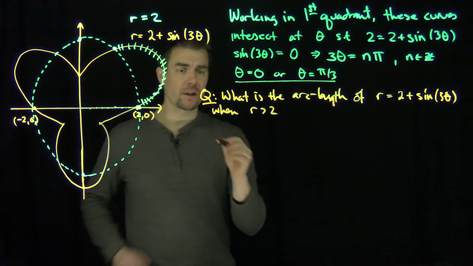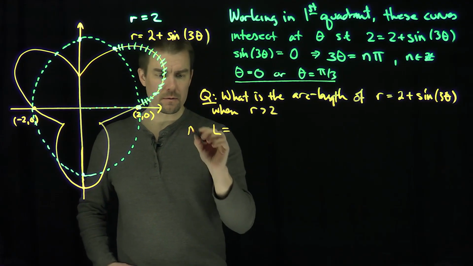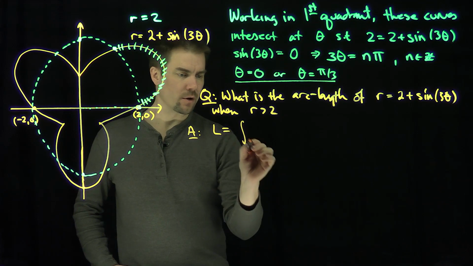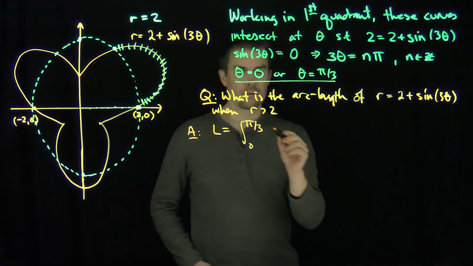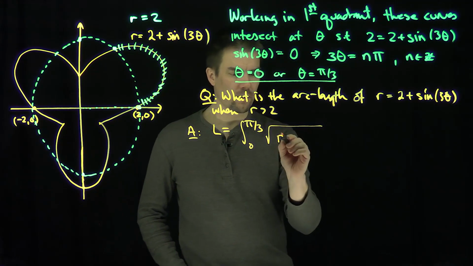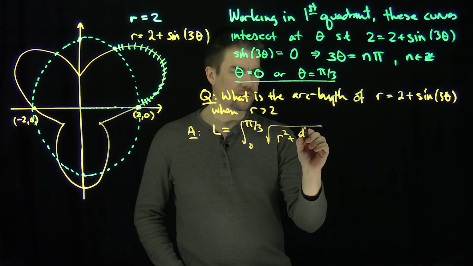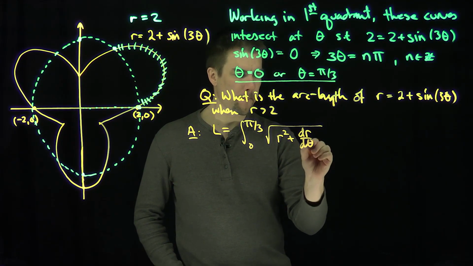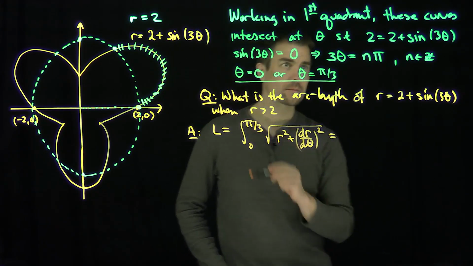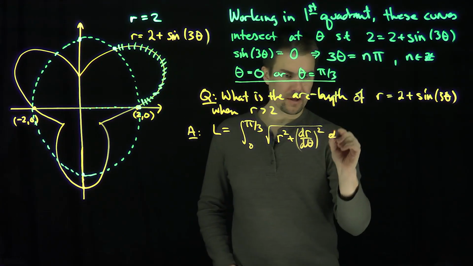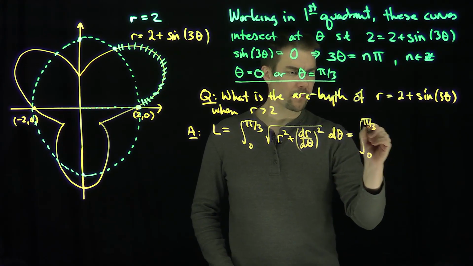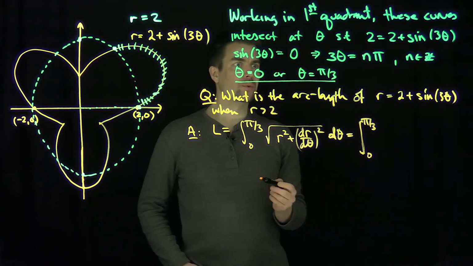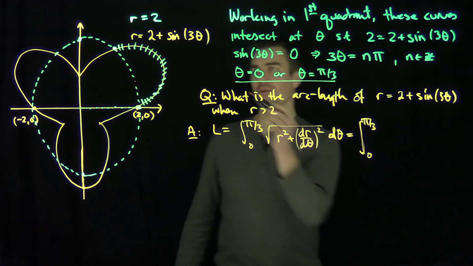So let's recall what the arc length formula is. The formula for arc length is the integral from 0 to pi over 3 of the square root of r squared plus (dr d theta) quantity squared, and of course this is a d theta integral. And then what happens when I square this curve r?